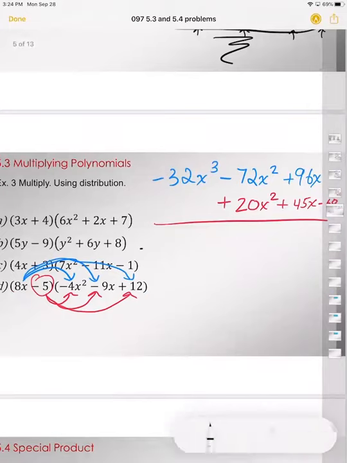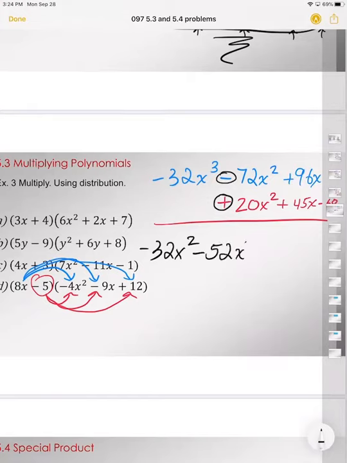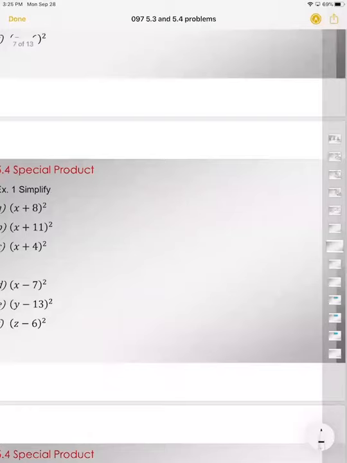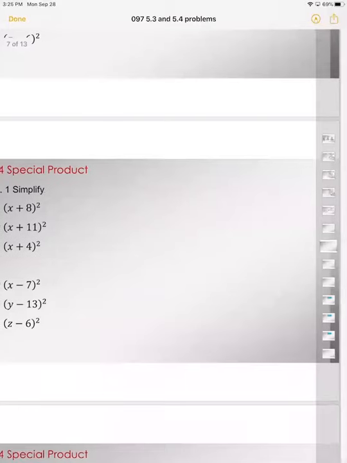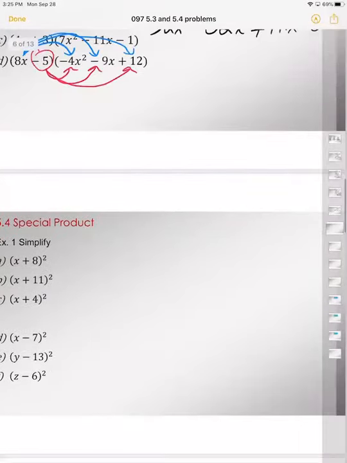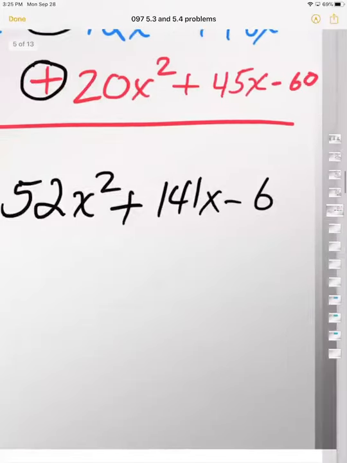I have a negative 32x to the third. And similarly, opposite signs, I need to subtract and keep the sign of the larger number. 72 minus 20 gives me 52. Bring down my x squared. And 96 plus 45 will give me a positive 141. Bring down my x. And my lonely 60, I need to bring it down, which is my constant negative 60 here.